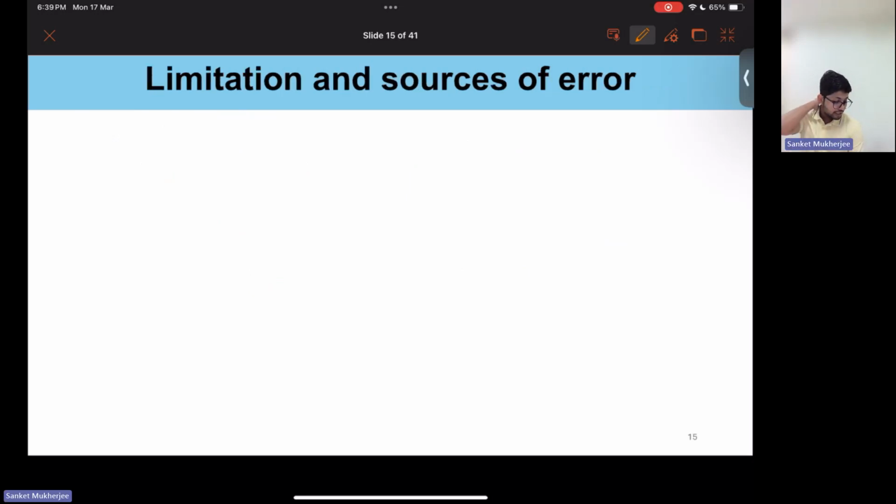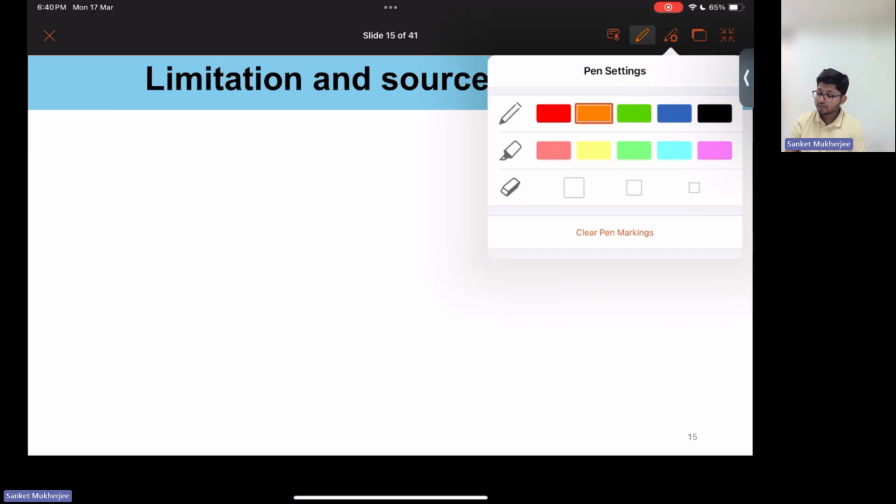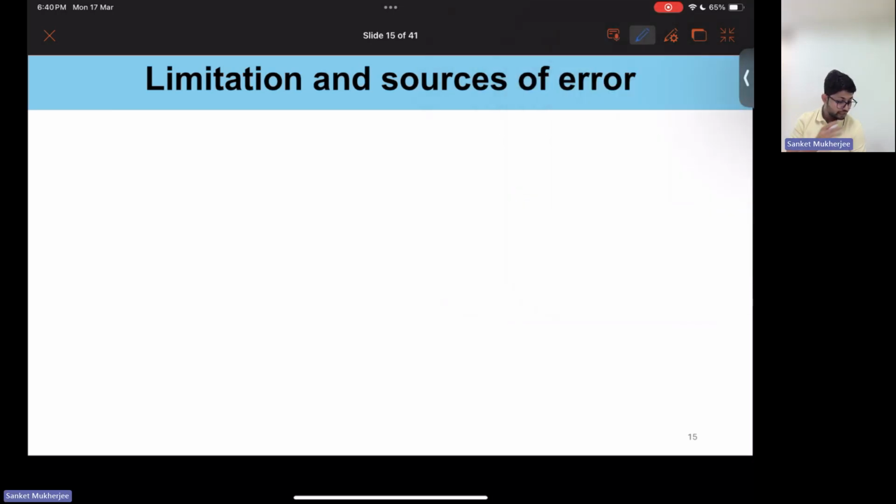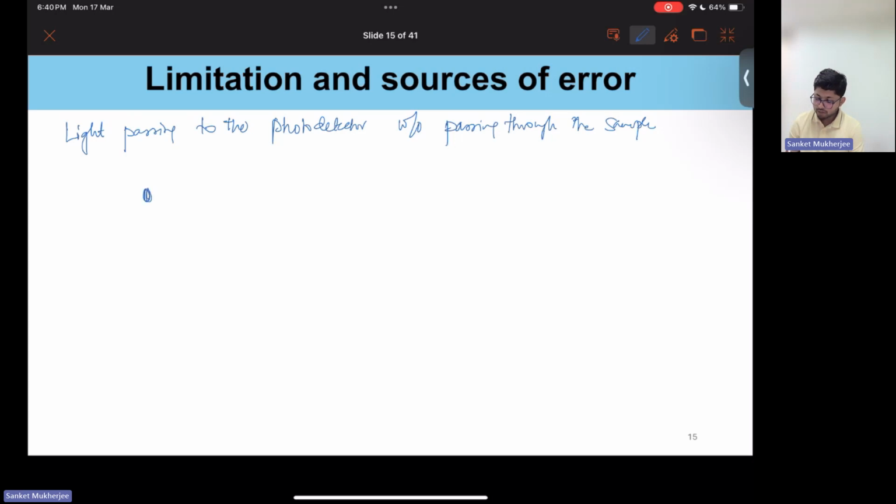So there could be certain limitations from this. That could be the light passing to the photodetector without passing through the sample. So what happens is, if you have a light source here, and there's a detector here, and you have the sample here.